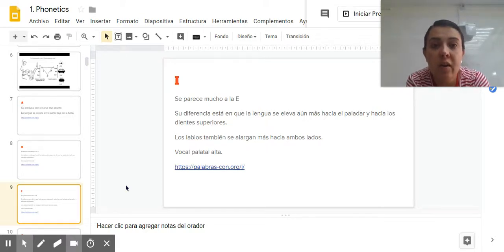Look how it's different. You close your mouth a lot. That's why we say that it's a weak vowel. This is important because when we learn how to use the accent, the tilde, the little check, on a stressed syllable, we do it with the weak vowels. That's the way that we know if we are going to use it or not.